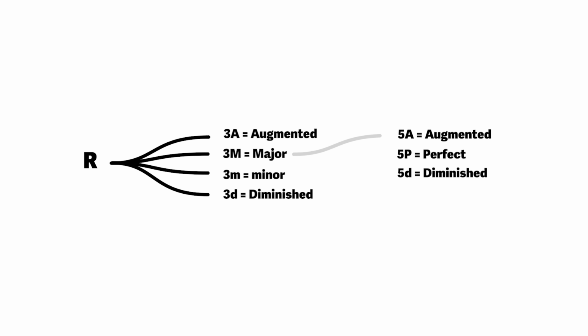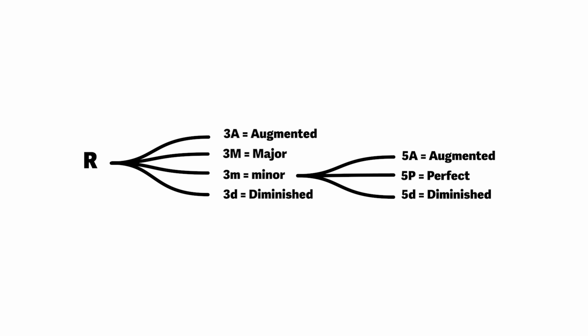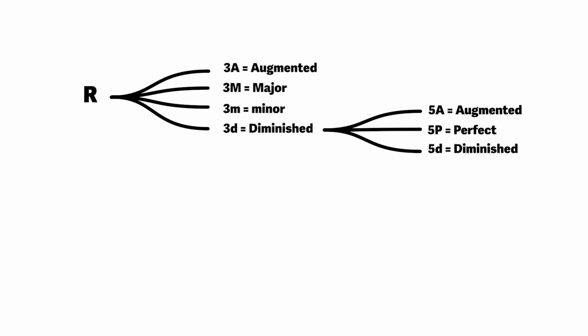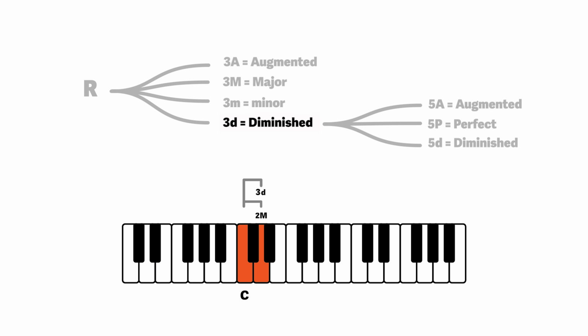Keeping the root note fixed, the third has 4 possible variations, and the fifth has 3 possible variations. Multiply them together, and you get a total of 12 possible combinations. The augmented and diminished thirds aren't used very often, where different interval names represent the same distance.